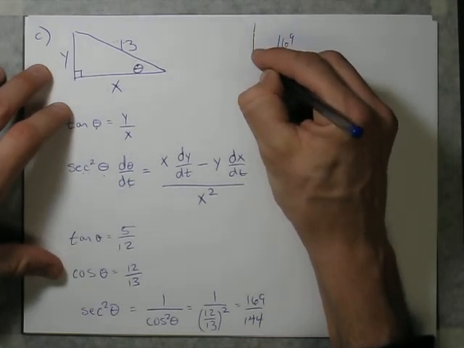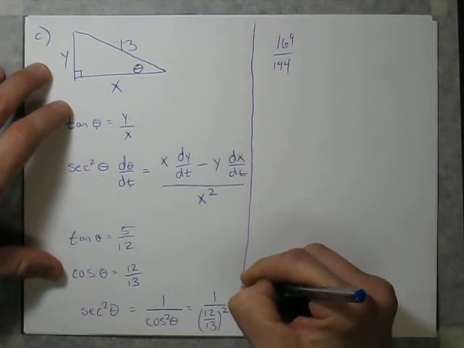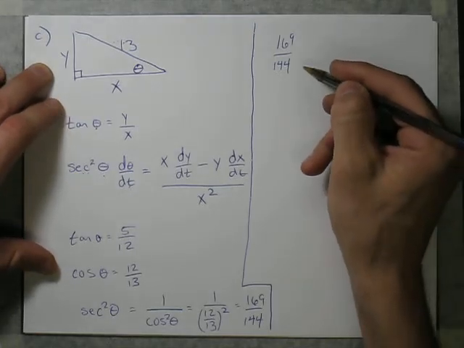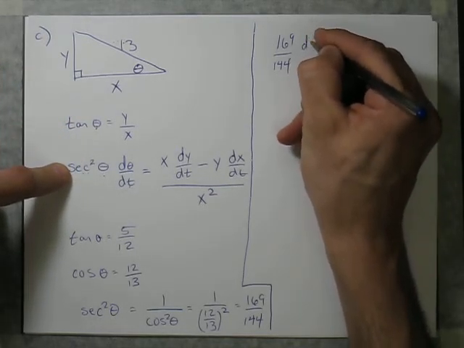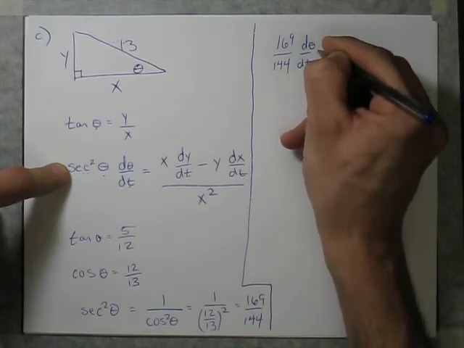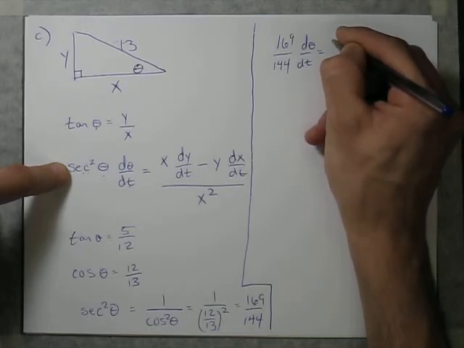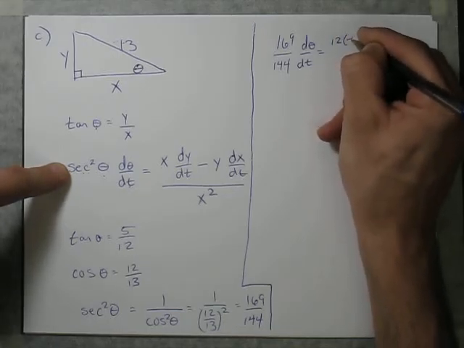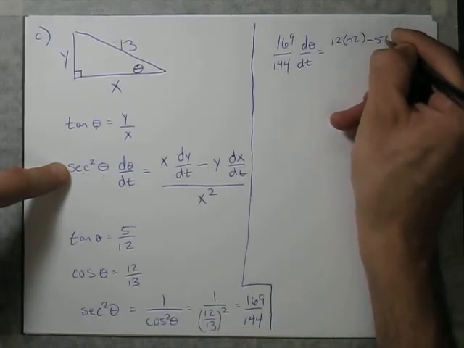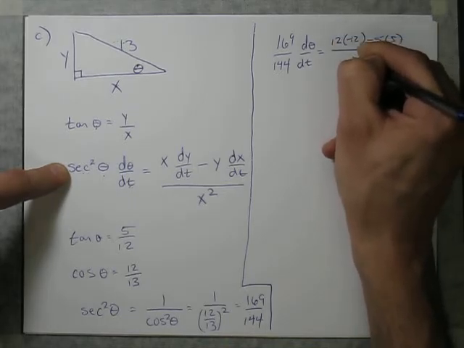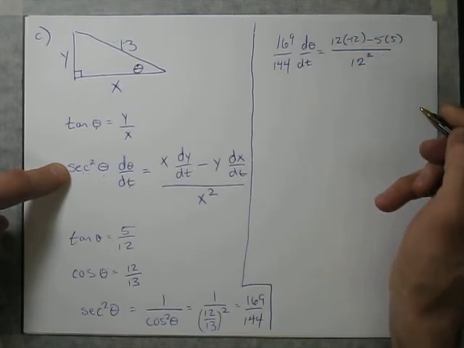I'm going to have to draw a line here. 169 over 144. I don't know d theta dt. I do know x is 12: negative 12, minus 5 times 5, all over 12 squared.